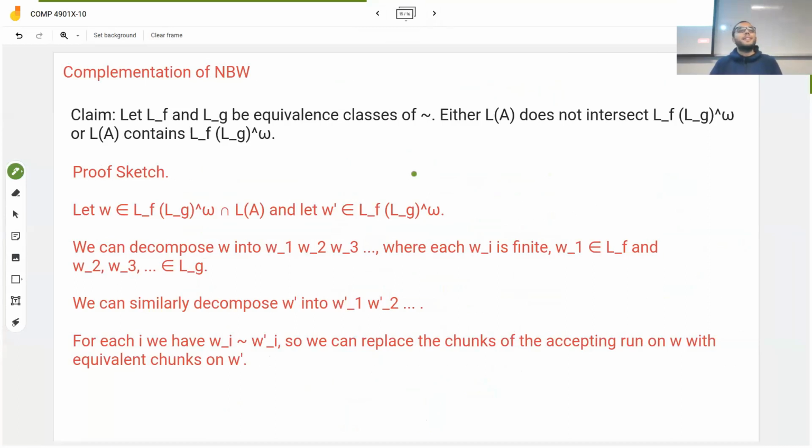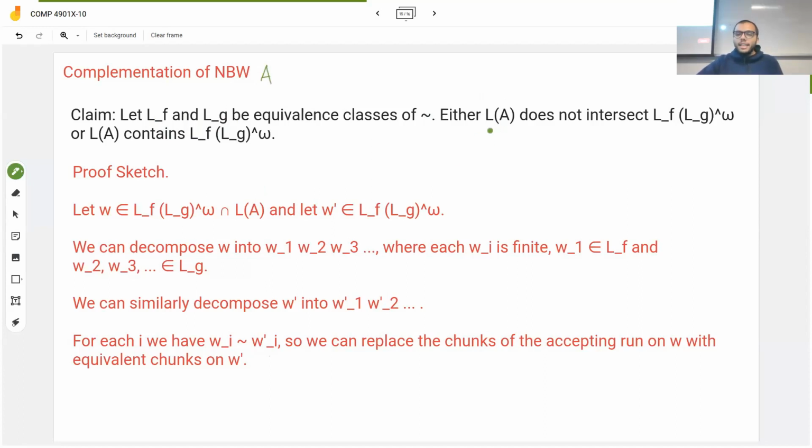Our problem was that I'm given a non-deterministic Büchi automaton, and I want to complement it. So here's what I say. I say, consider any two of the equivalence classes. Let's call them LF and LG. And let's consider the language of my non-deterministic Büchi automaton A that I wanted to complement.